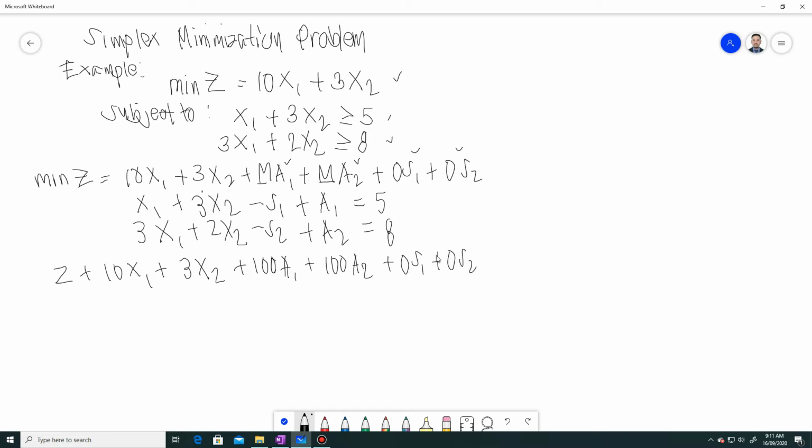Automatically these slacks are 0 because they have 0 coefficients. And we equate this to 0.